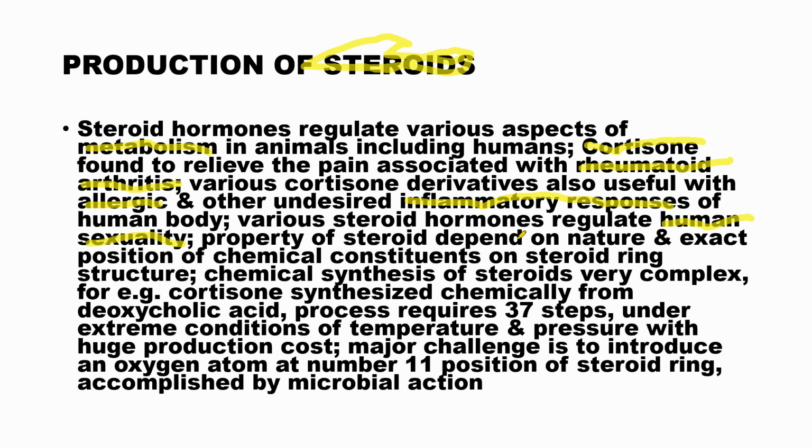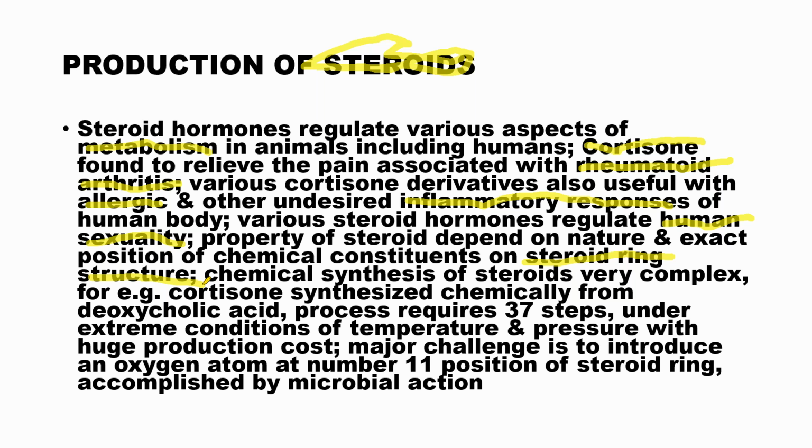Then, the property of a steroid depends upon the nature and exact position of chemical constituents on the steroid ring structure. Steroid has some ring structures, so you will have some chemical constituents on the ring structure. So how a steroid will act on the human body depends upon the nature and the position of the groups on the steroid ring structure.